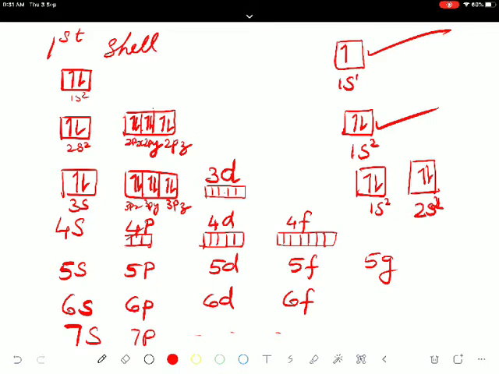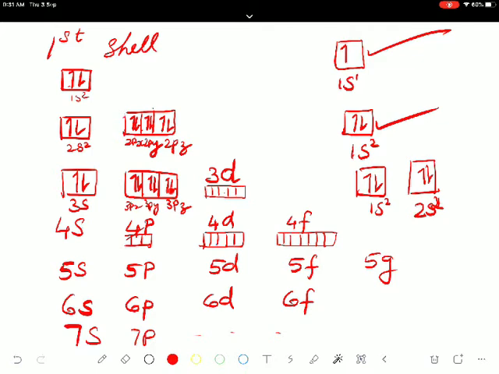So hydrogen, helium, lithium, beryllium, boron, carbon, nitrogen, oxygen, fluorine, neon, sodium, magnesium, aluminium, silicon, phosphorus, then sulfur, chlorine, argon. So 3p over.